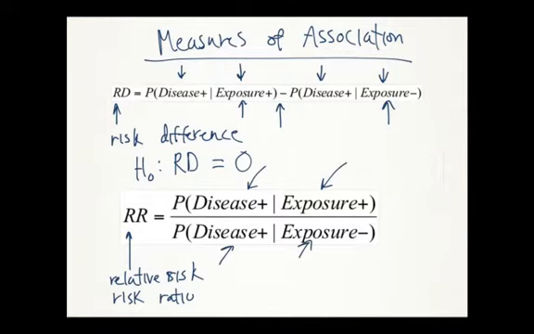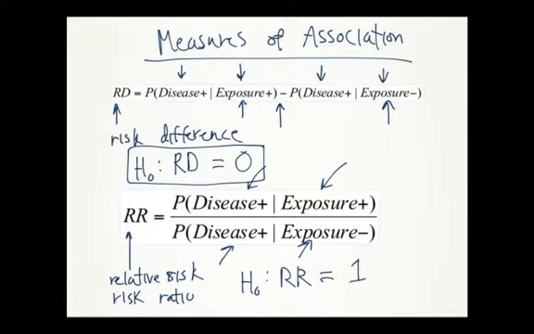Okay? So, under the null hypothesis, what is the relative risk or the risk ratio equal to? Hopefully you didn't say 0 like we had here. We said 0 here because we're subtracting, right? If two things are the same and we subtract them, then we get 0. However, if two things are the same and we divide them, we get 1. So that's an important distinction to keep in mind.